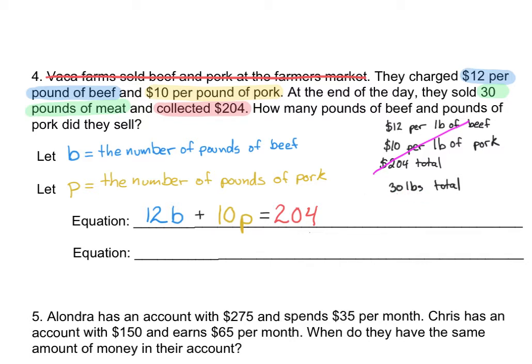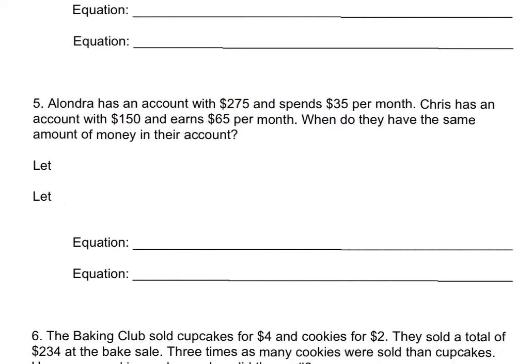So this equation will just be B plus P equals 30. The number of pounds of beef plus the number of pounds of pork is 30. That's it. That's our system of equations. We defined our variables and used them to write two equations. Let's look at this other type of system.